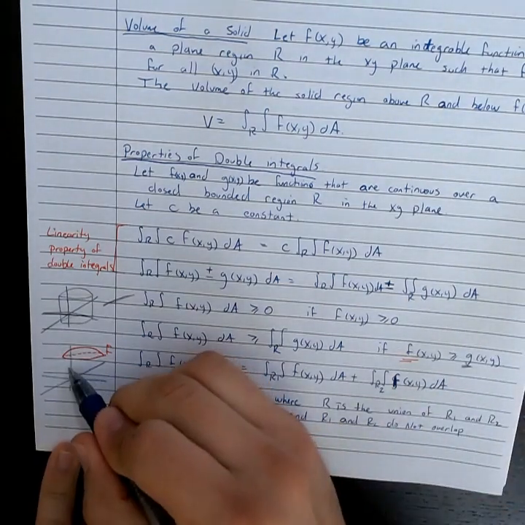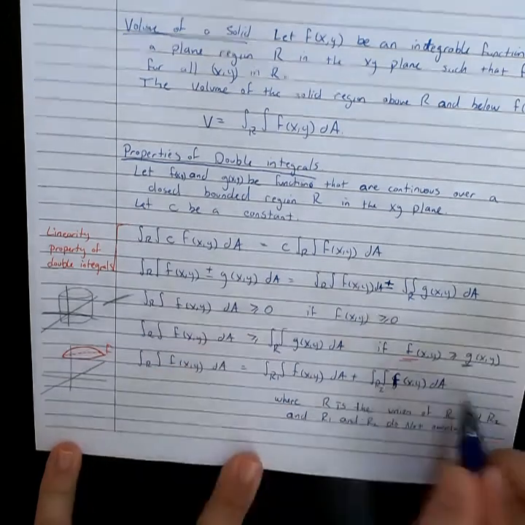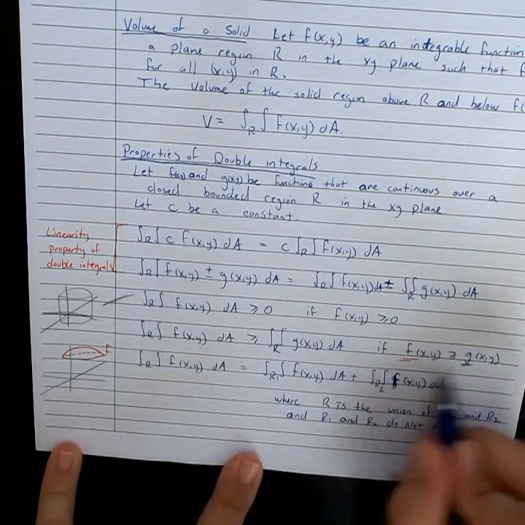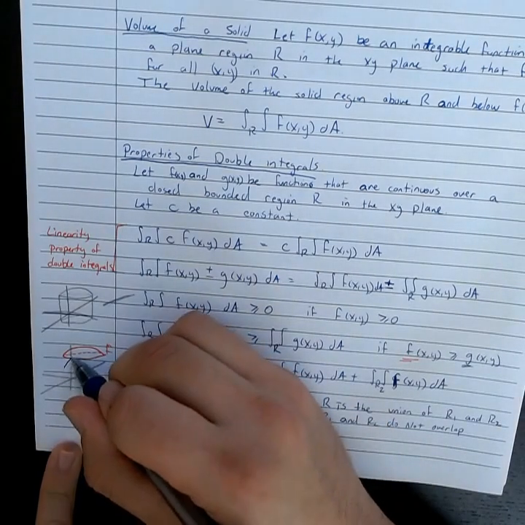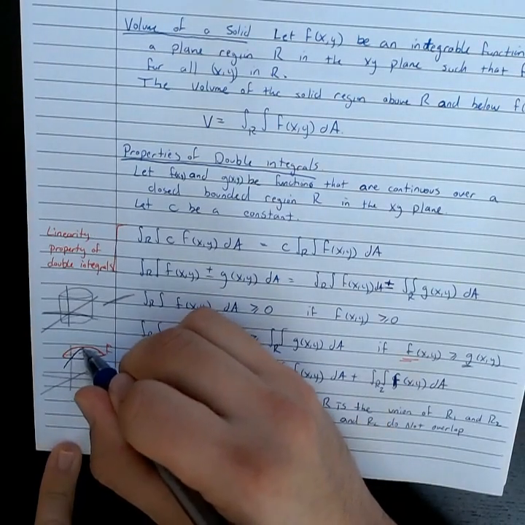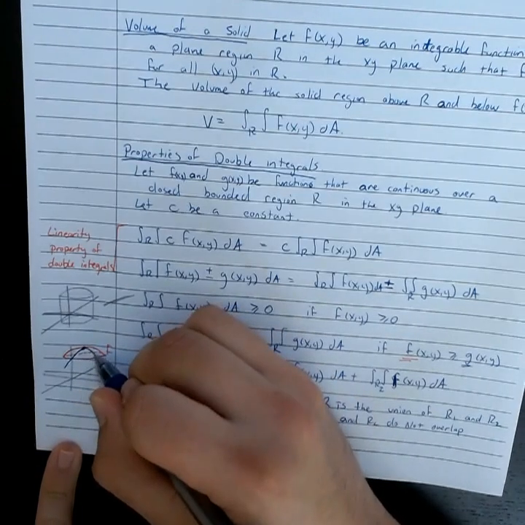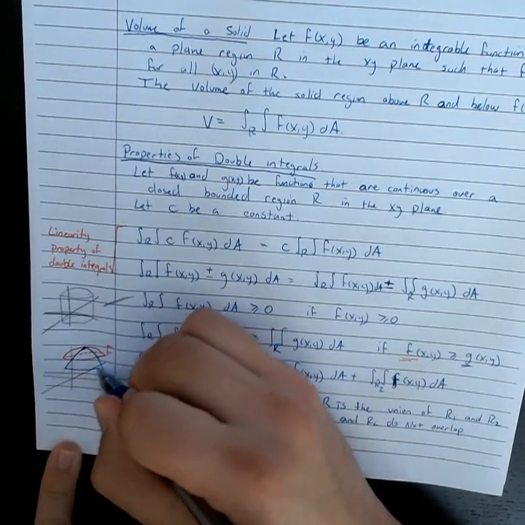Maybe at some point it'll actually touch f. Maybe these two surfaces will coincide; they'll be equal. Here I'll make them touch at that point. If they don't coincide, well then g is lower.